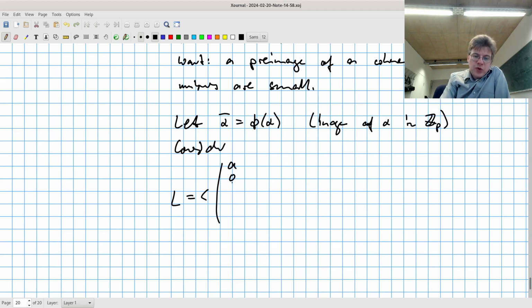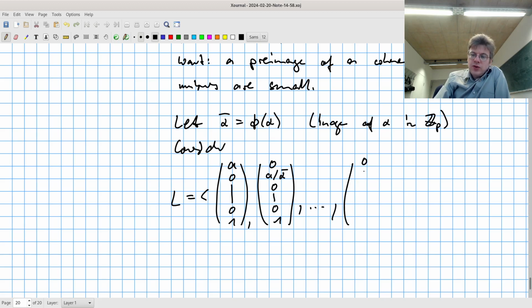Okay. So this gives me a bunch of generators, because I could just say here, okay, take A, 0, 0, 0, and 1. This is the component that will, in the end, catch the denominator. Or you take 0, A over alpha bar, 0, 0, 0, 0, 1, and so on.